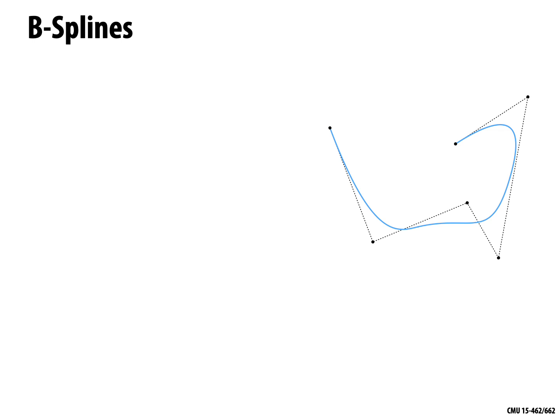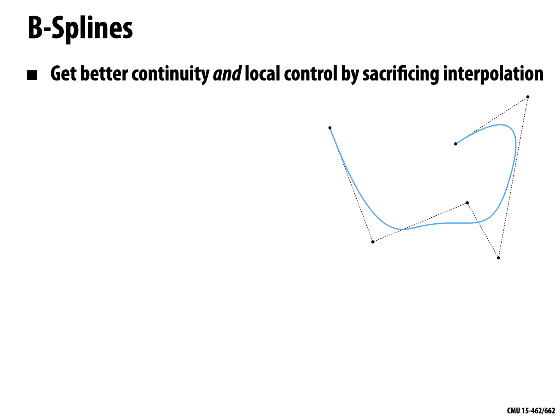The idea with a B-spline is that sometimes we can get better continuity and local control by sacrificing interpolation. We actually saw that a little bit with subdivision surfaces when we talked about geometry. So, for instance, Catmull-Clark and loop subdivision surfaces have local control. If I move one of the vertices around, it really only deforms a local region of the surface.